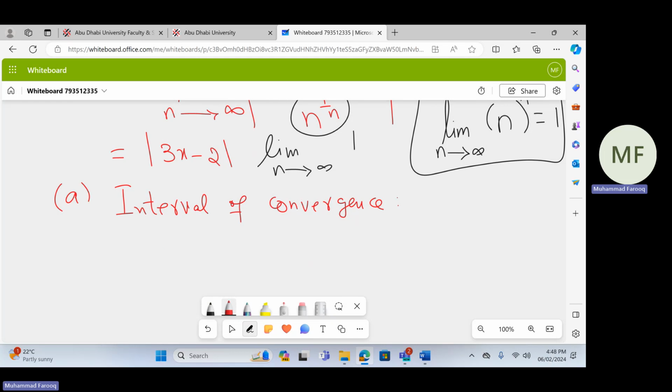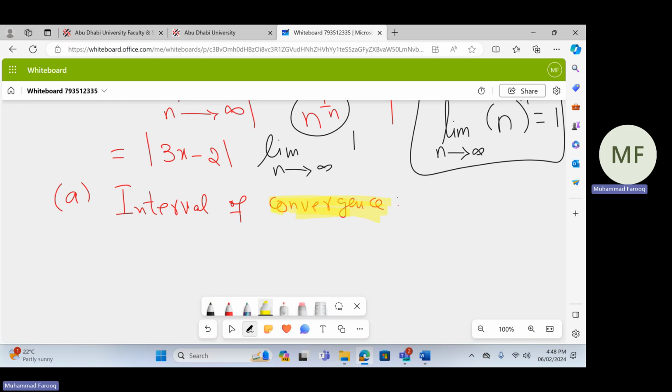You know very well that root and ratio tests have the same meaning. When does the root test or ratio test converge? When the answer is less than 1. This time we are only interested in convergence.